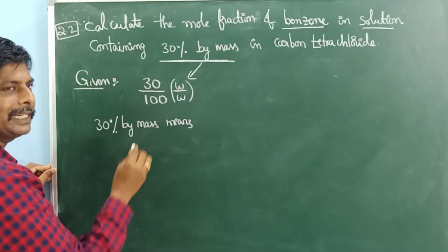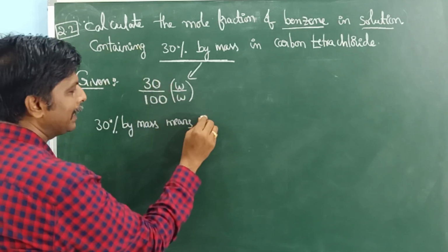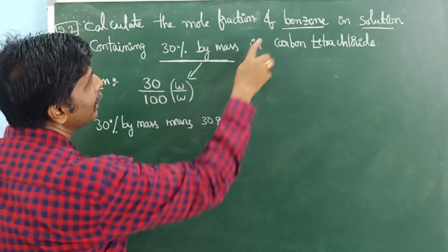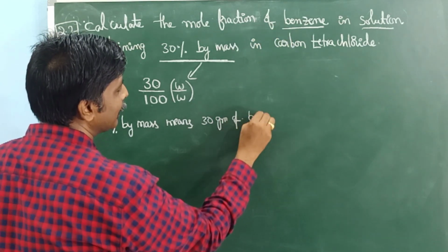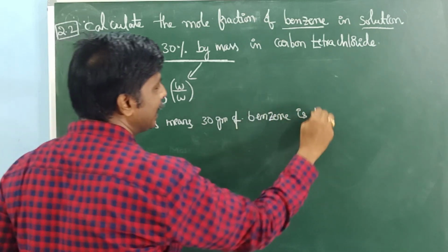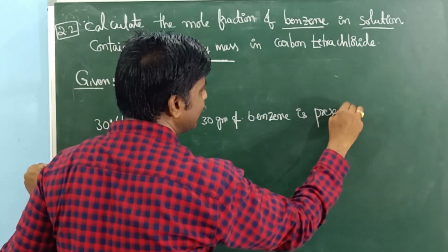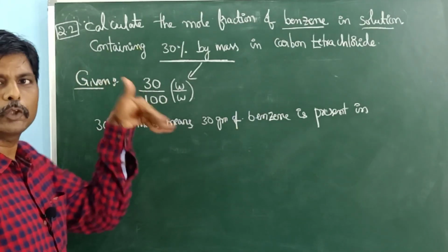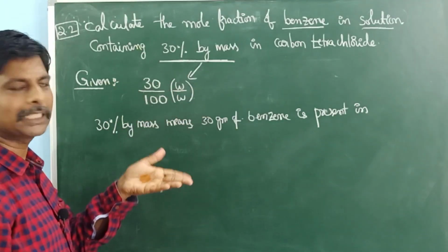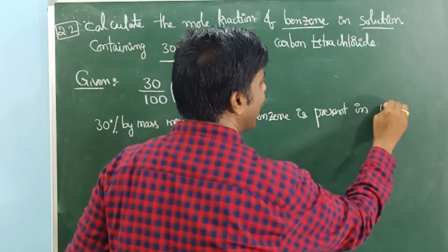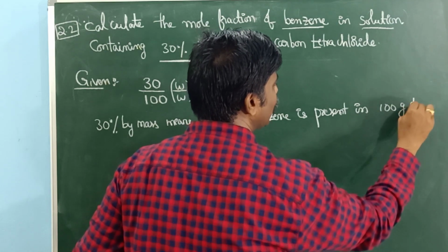What is this 30? Mass of solute, 30 grams. What is the solute here? Benzene. 30 grams of benzene is present in 100 grams of solution. Always the numerator is solute and the denominator is solution.